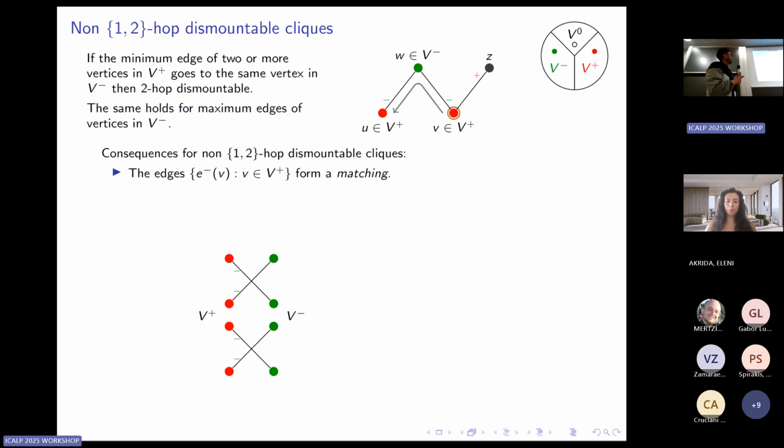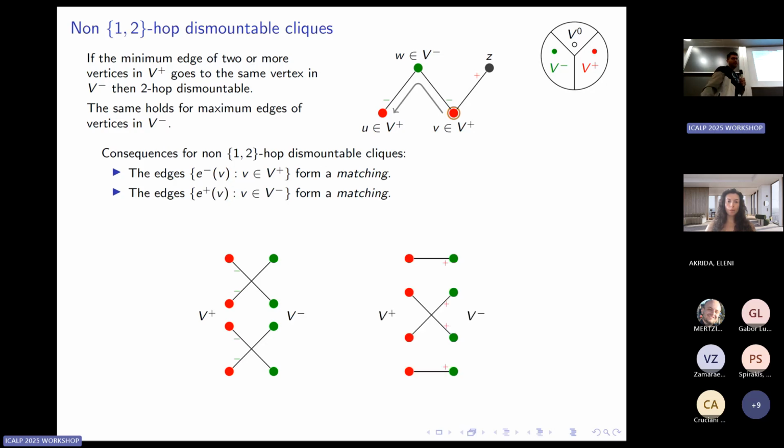And if we forbid this pattern, we have some consequences. The first consequence is that if we look at the minimum edge of all the vertices in V plus, this forms a matching, and the same on the other side if we look at the maximum edge of the vertices in V minus.